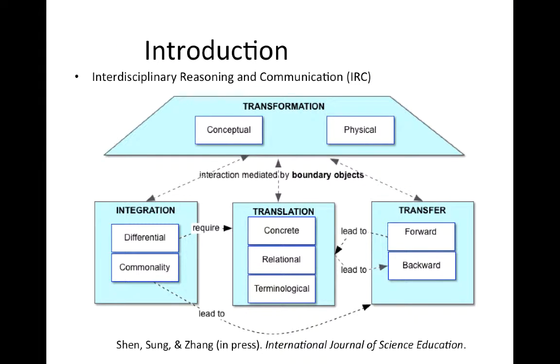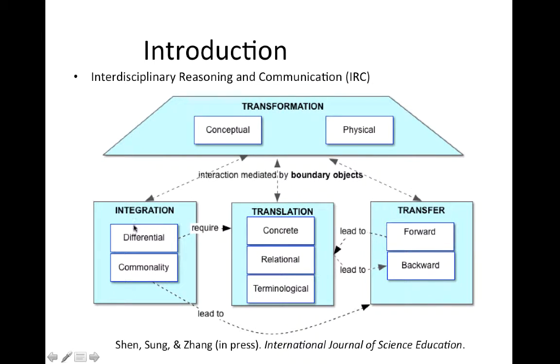Before we even begin this project, we had interdisciplinary reasoning and communication in mind because we hope that the project can facilitate students' knowledge integration, in which they can integrate knowledge from one discipline to another. In this case, it is the biology and physics integration. They can also translate the terms used in the biological system and the physics system.